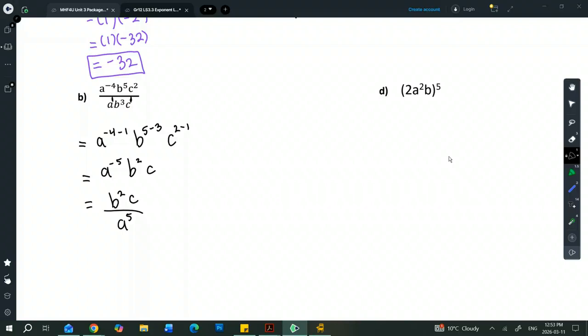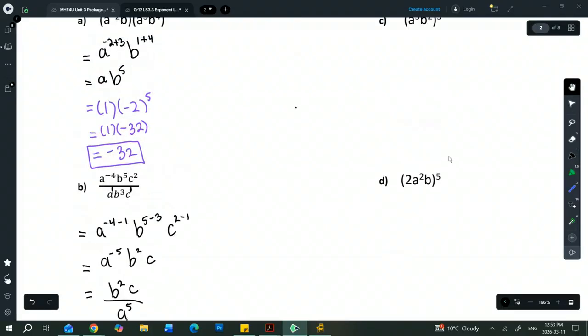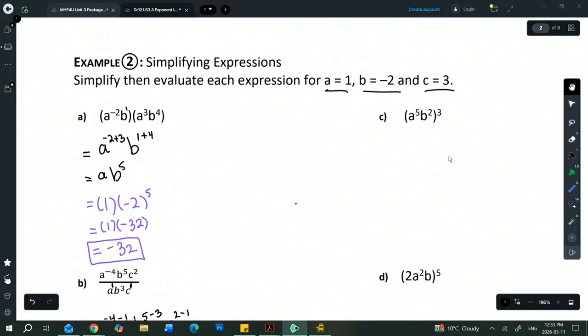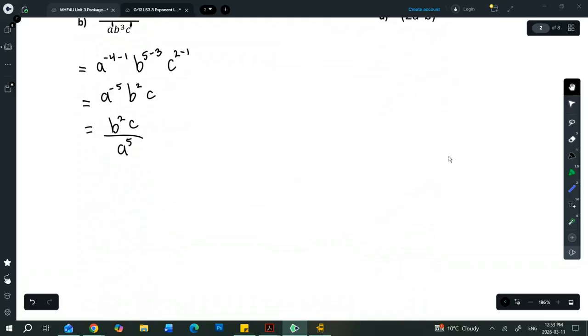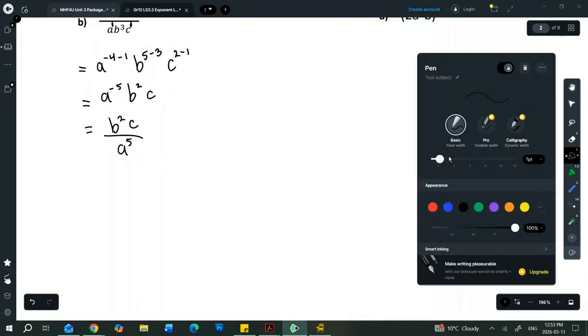Now we can sub in for what it says each of them are equal to. So 1, -2, and 3. So let's do the subbing in.